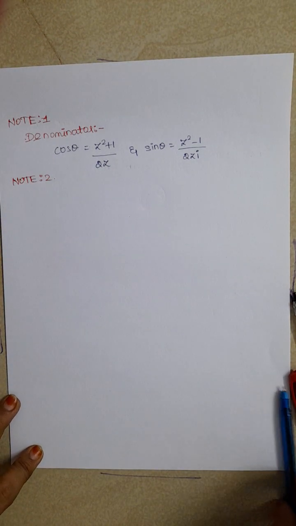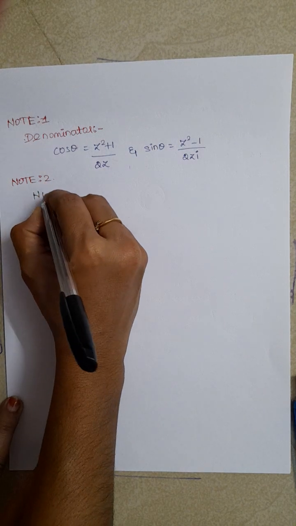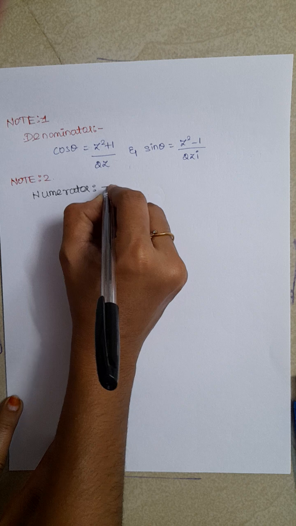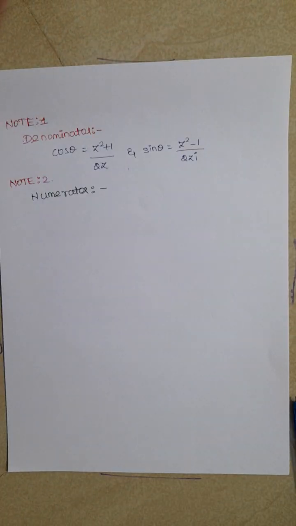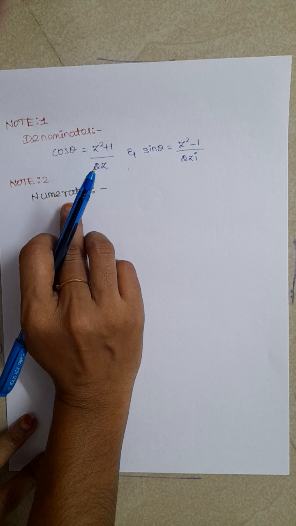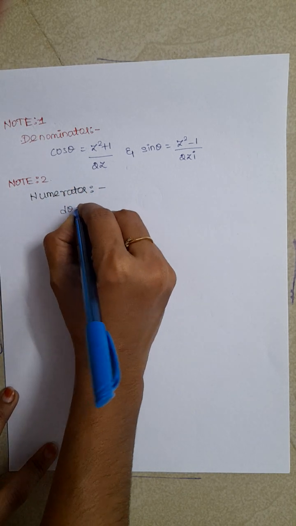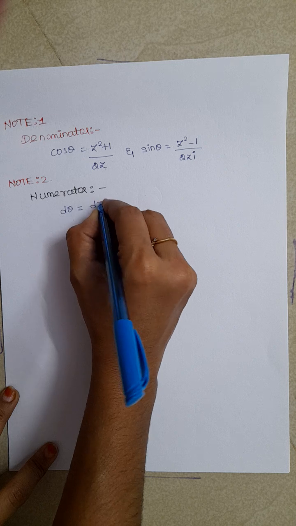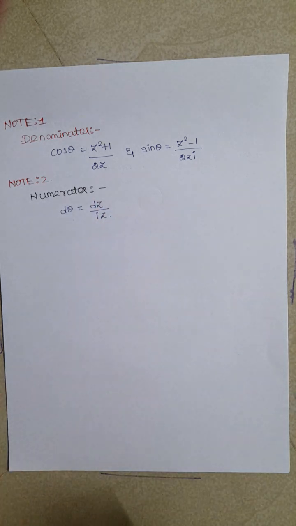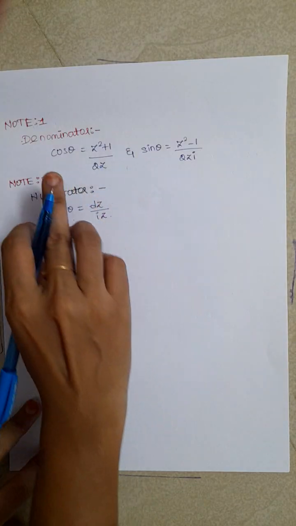Note number 2 is about numerator values. Suppose the problem gives a numerator value, suppose the numerator value is d theta, we can convert it to dz by iz. Okay. So the range is 0 to 2 pi.